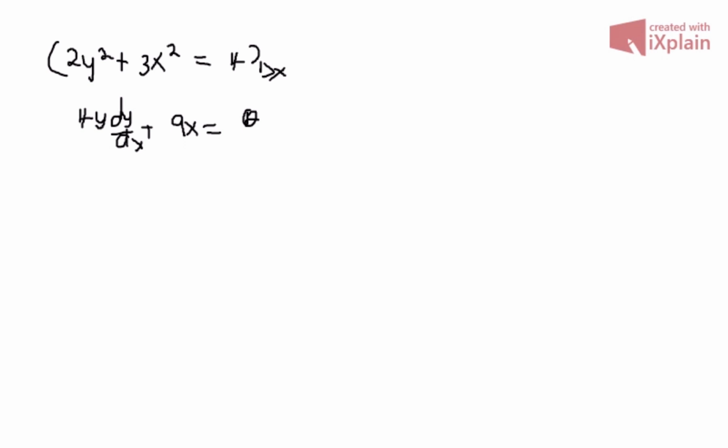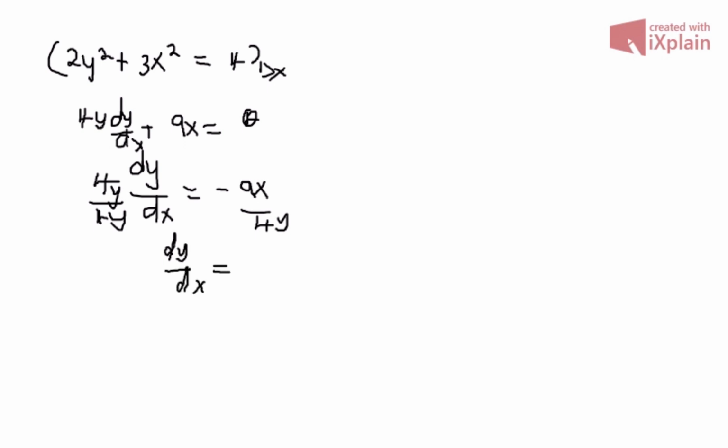Then from there, dy over dx equals negative 6x divided by 4y, so dy over dx is negative 3x over 2y. So this is actually the final answer. This is how we should find the implicit derivative, and this is how easy implicit differentiation is.